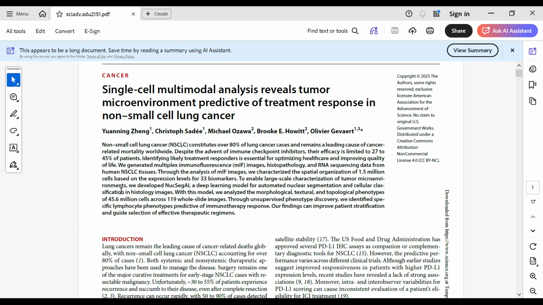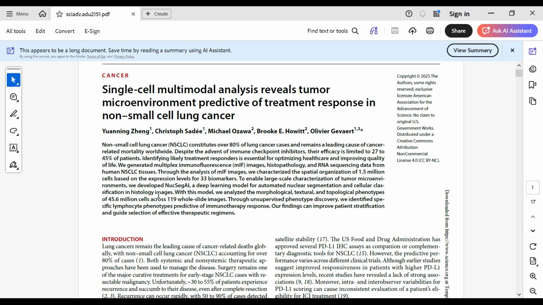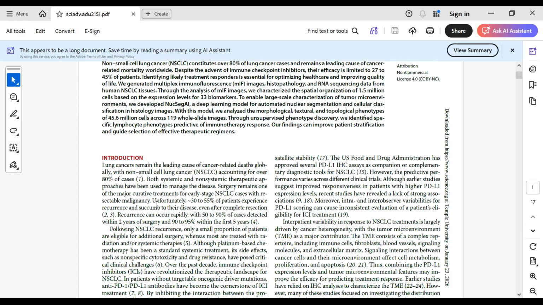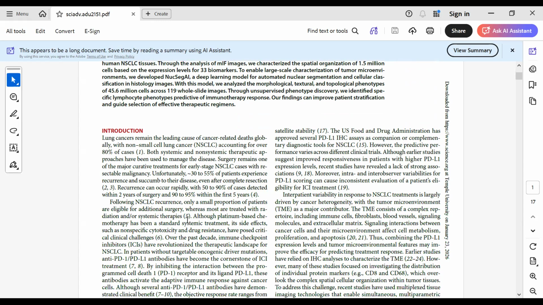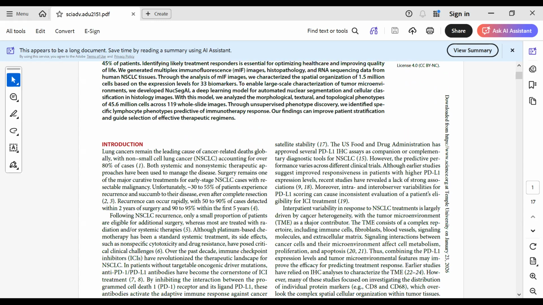This study leverages an integrated approach combining multiplex immunofluorescence, H&E histopathology, and other advanced techniques like RNA sequencing to characterize the spatial architecture of the tumor microenvironment, and that predicts the patient response to immune therapy.